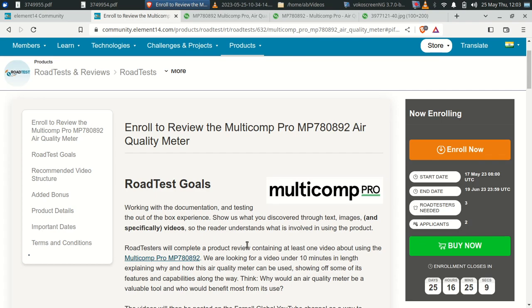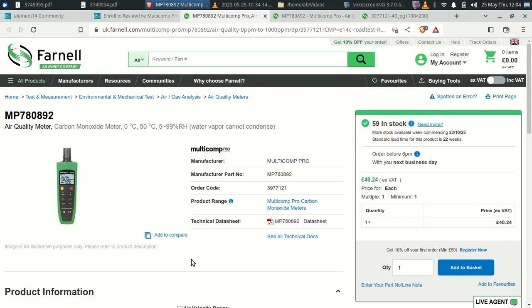So the particular product that I am going to talk about is basically a Multicomp Pro MP780892 air quality meter. You can see it's given here on the element 14 road test review. Now clicking in on the product, you can see the product is MP780892.